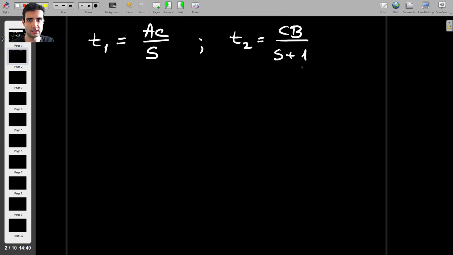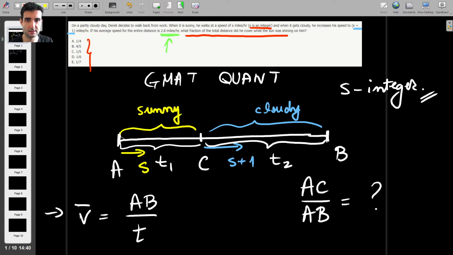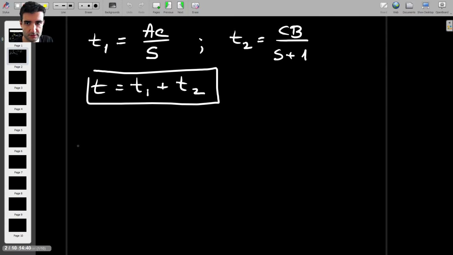So we obviously know that the total time is the sum of those two times. We're going to put it back in this equation for average speed. Now we can replace average speed with 2.8 miles per hour, because the problem gives us that information, so we might as well use it.